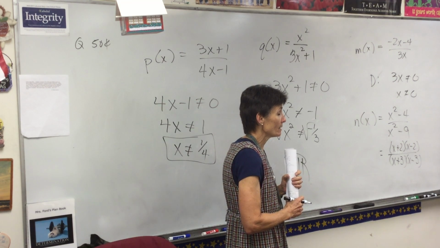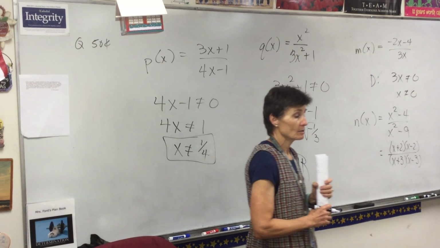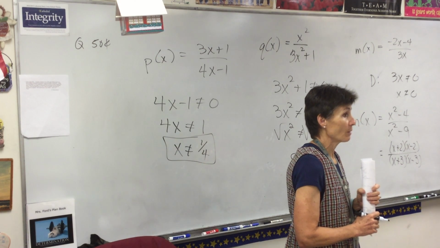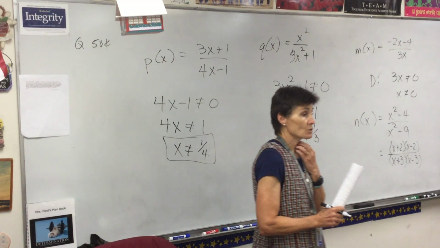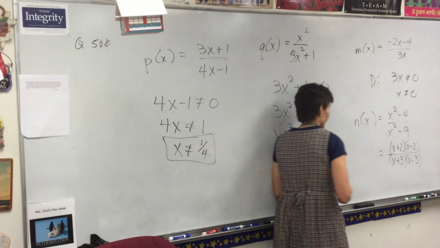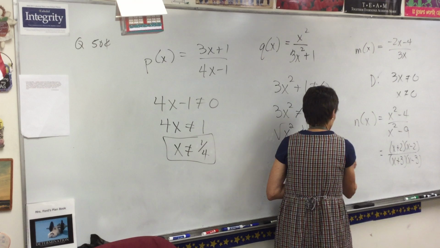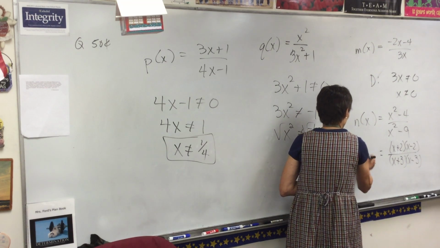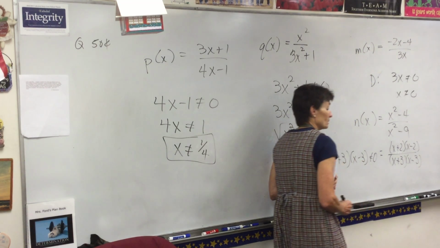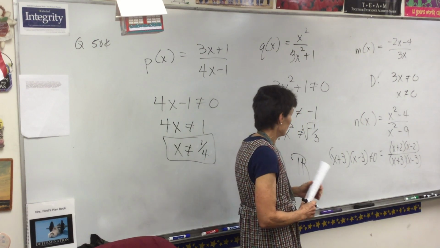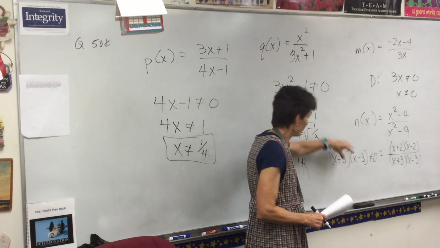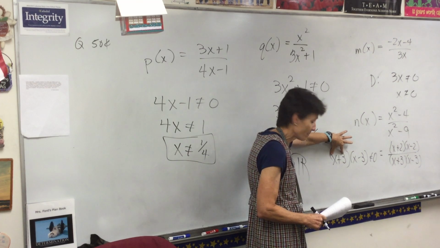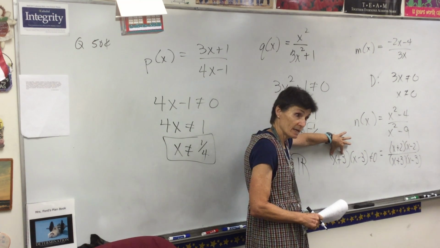Okay, what's our rule again? The denominator can't be 0, right? So the denominator can't be 0. Can that ever be 0? Can you think of a number that would make this 0? -3?